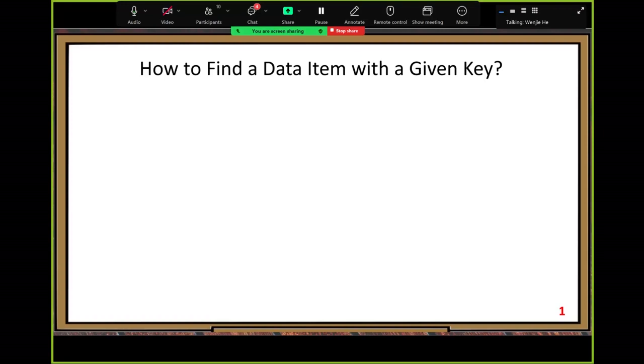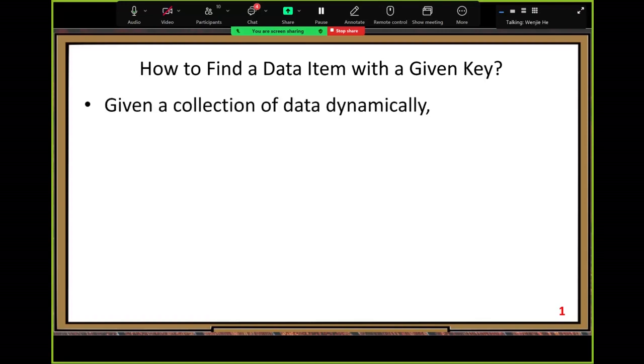We need to answer this general question with a given search key. You have an array of data and a given search key. How can you find an element in this array matching the search key?